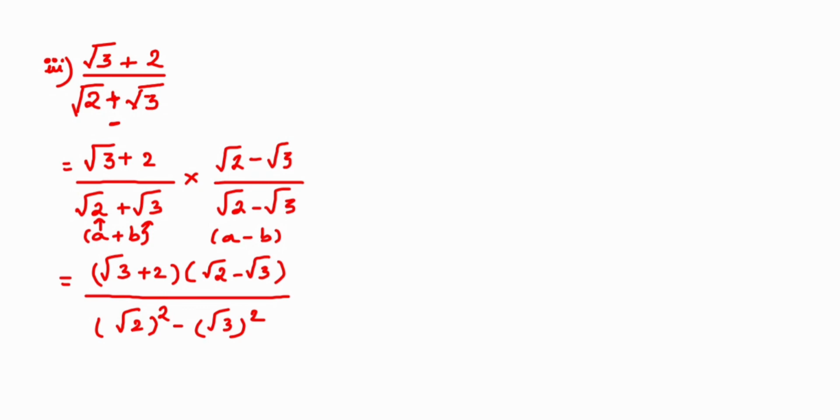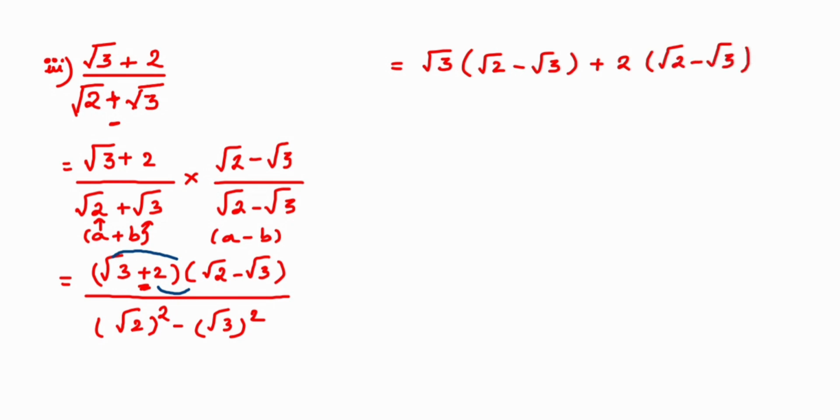When you open the bracket and solve, you have to multiply root 3 with the entire bracket and then 2 with the entire second bracket. So this will be equal to root 3 into root 2 minus root 3, and then we have a plus sign here, so plus 2 into root 2 minus root 3, upon, so here we have root 2 square.